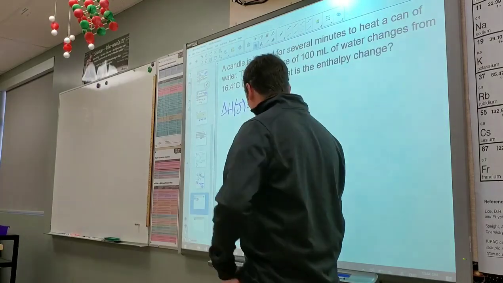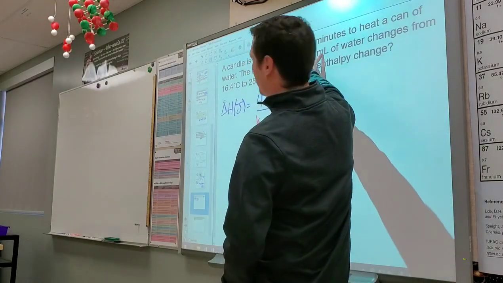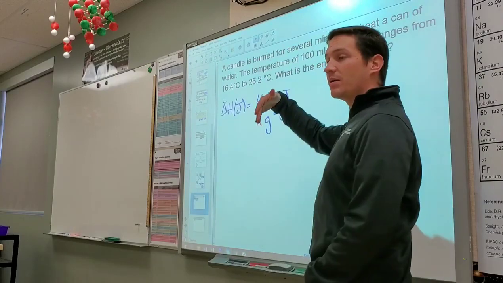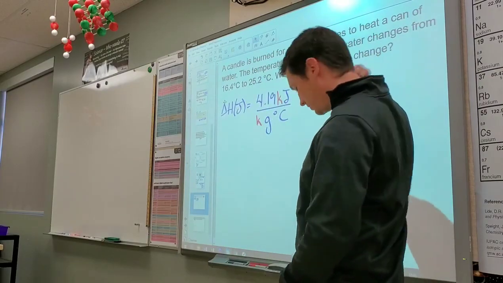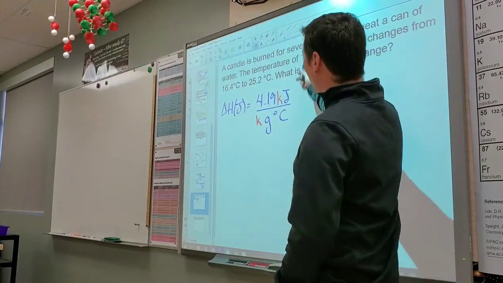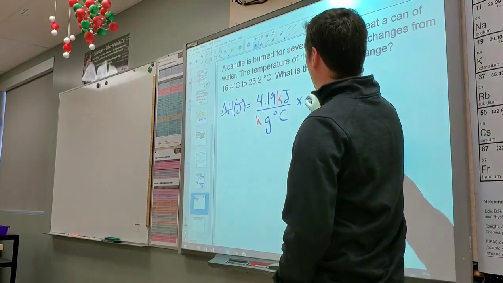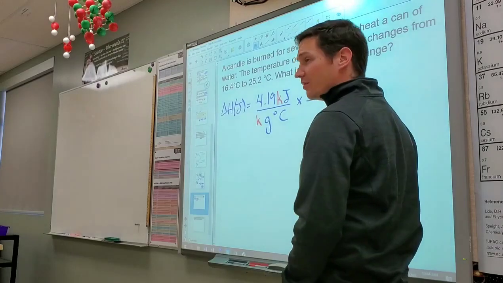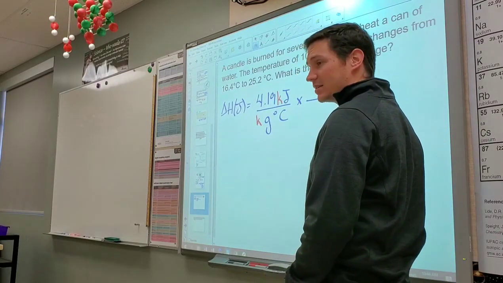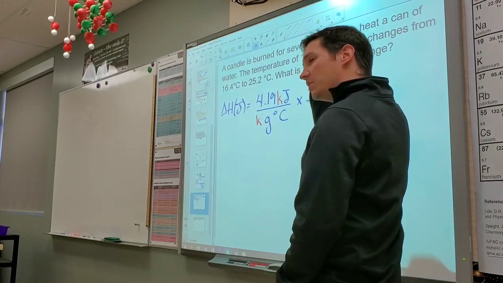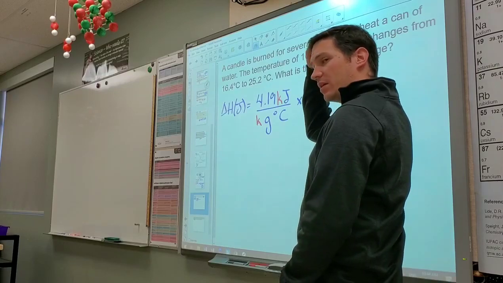So we could turn 100 milliliters into grams. What is 100 milliliters in grams? It's 100 grams. But what is 100 grams as a kilogram? If you're not good at metric conversions, this is going to be tough, right? Does anybody need me to go over how to convert between grams and kilograms?